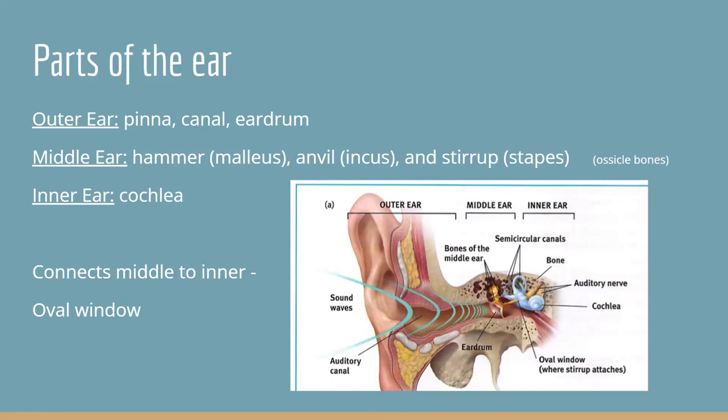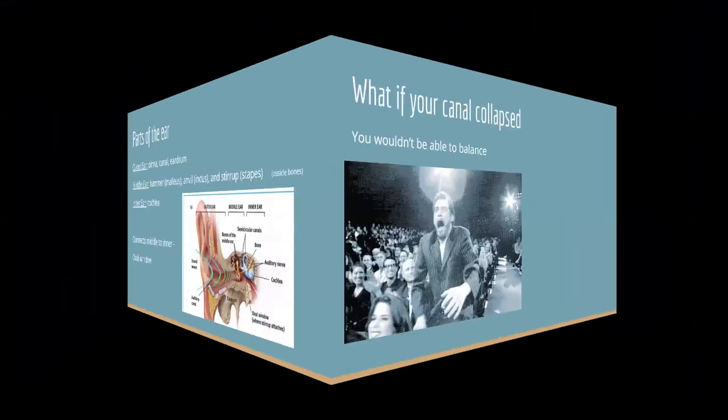Then what connects the middle ear to the inner ear is the oval window, and the thing that's in the inner ear is the cochlea. And then as you can see, the auditory nerve, what do you think that goes to? That goes to the temporal lobe, because remember, that's what part of the brain we use for hearing.